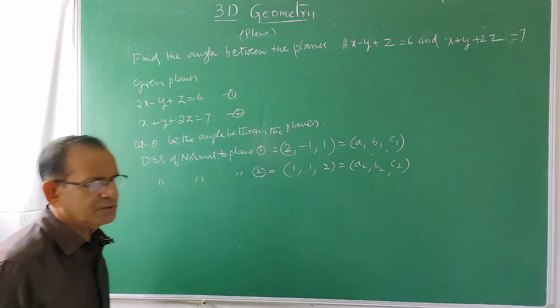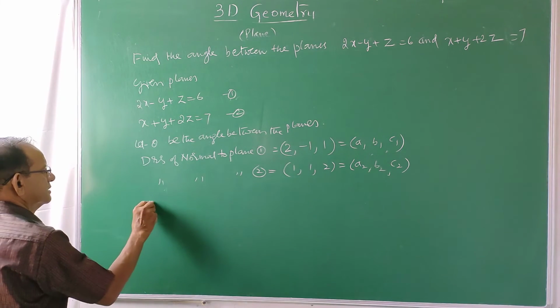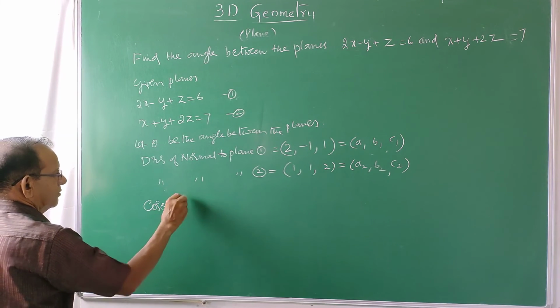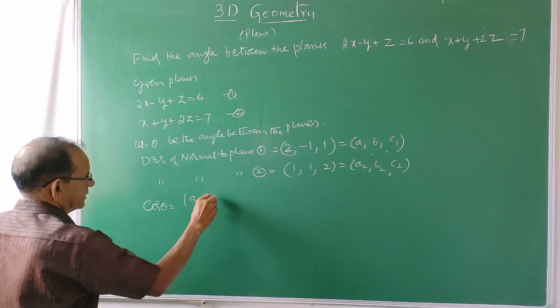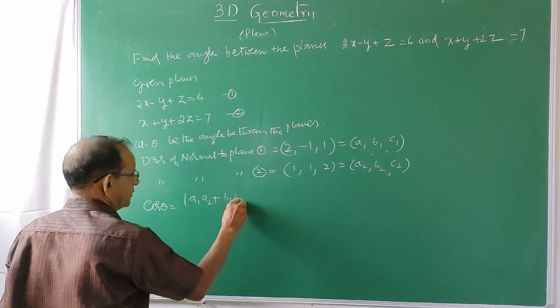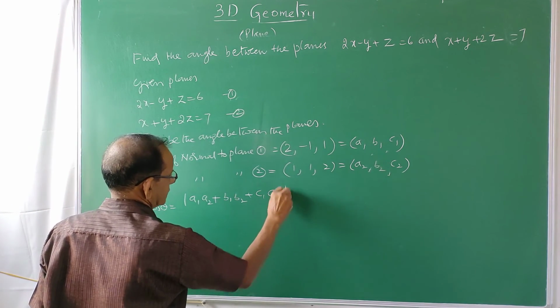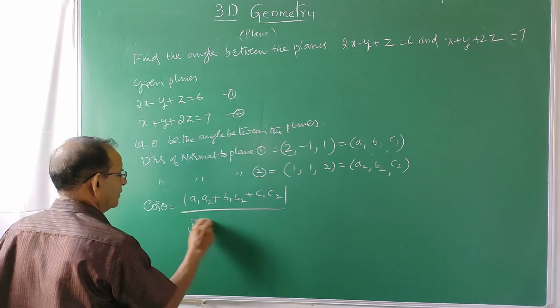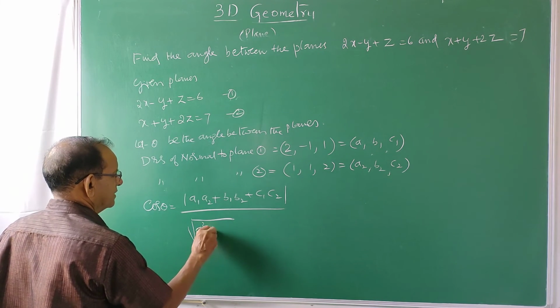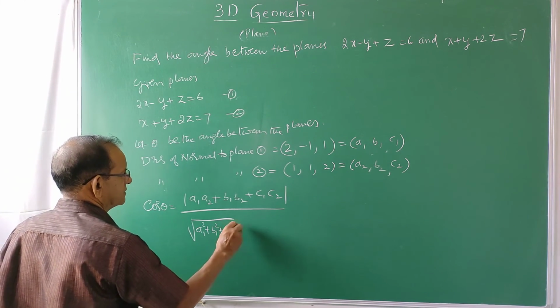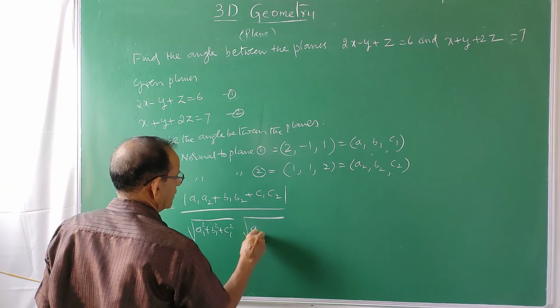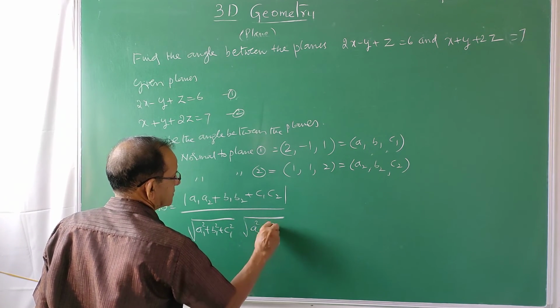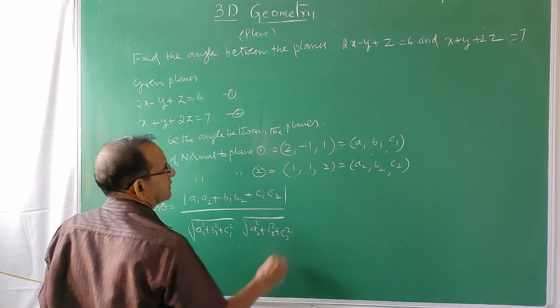Now we know the formula for cos theta as modulus of (a1 a2 + b1 b2 + c1 c2) divided by root of (a1 square + b1 square + c1 square) into root of (a2 square + b2 square + c2 square).